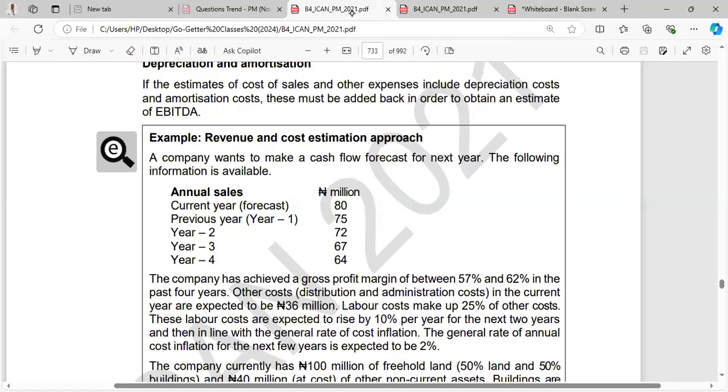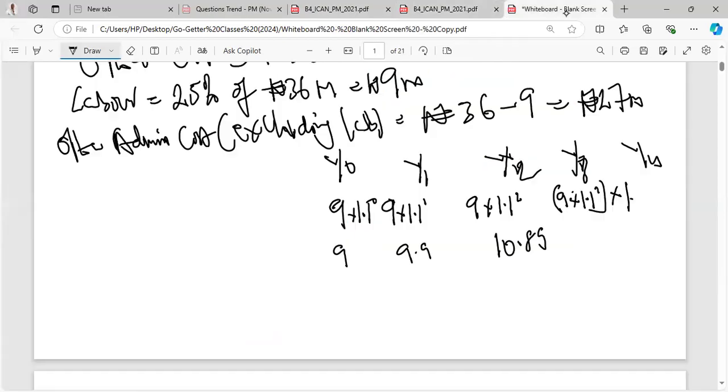The inflationary rate is 2%. So this will rise by 2%, 1.02 raised to power 1, then here raised to power 2. So for year 3, everything here is the same as this 10.89.